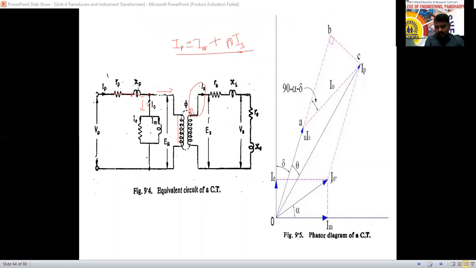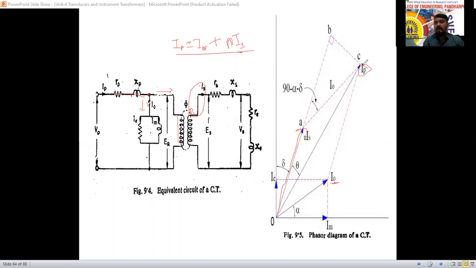Here IP, I naught is there. I naught I will take here now, and N IS I will take here now. N IS has some angle theta here, a deflection. So that N IS I will draw here. The summation of N IS and I naught is going to give the IP value.